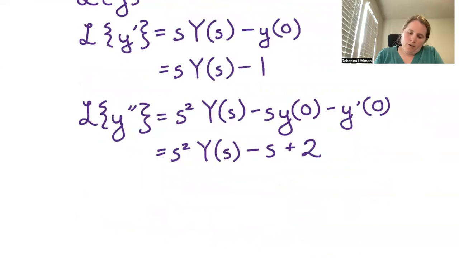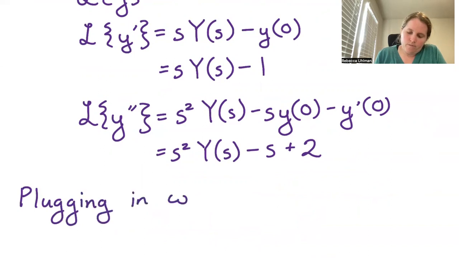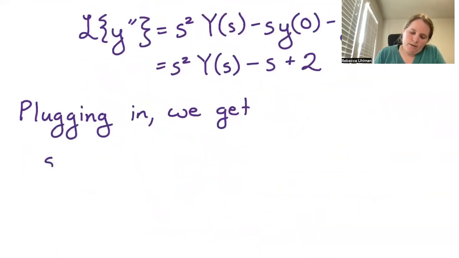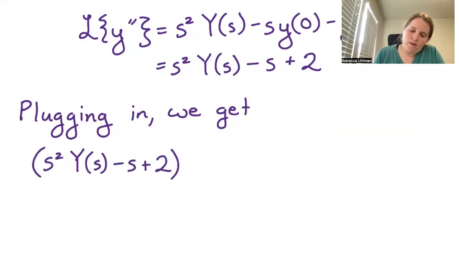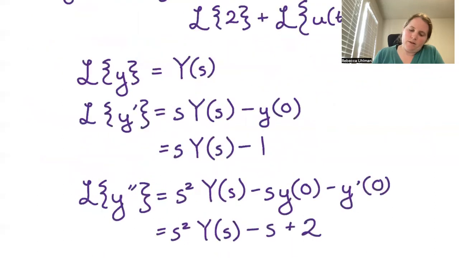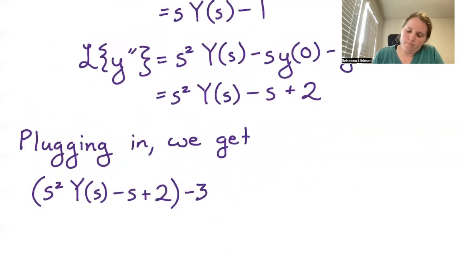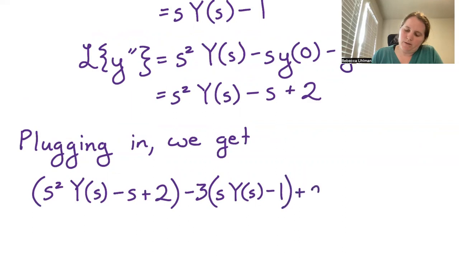So plugging into the equation, we wind up getting s squared times capital Y of s minus s plus 2, and we have minus 3 times s times capital Y of s minus 1, and then plus 2 times capital Y of s.